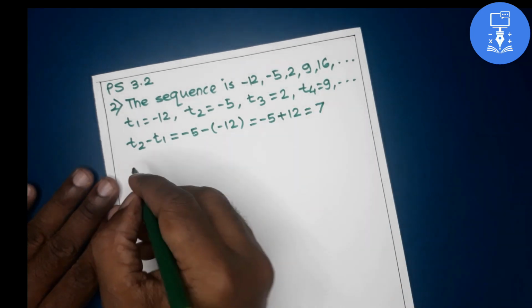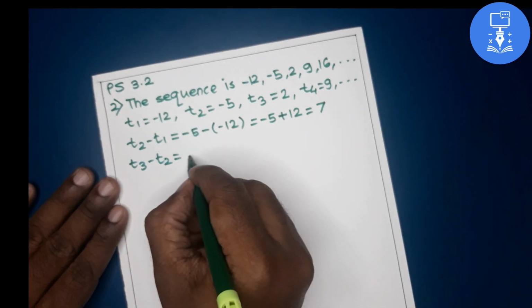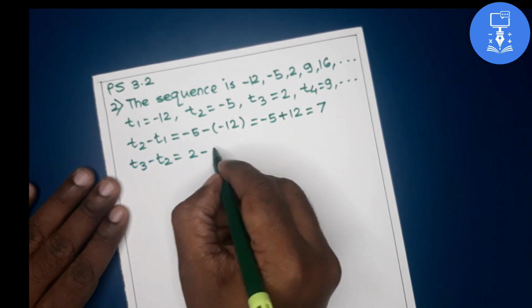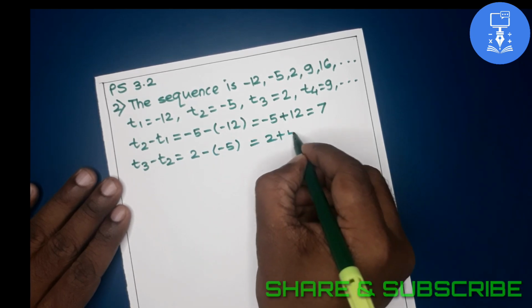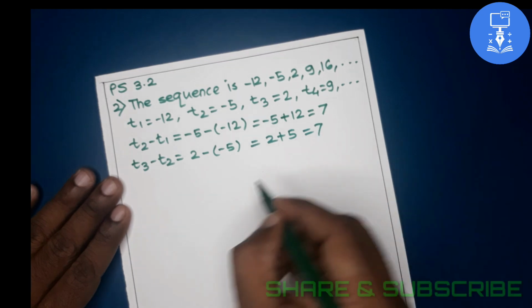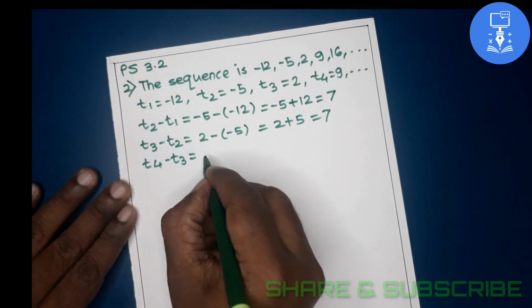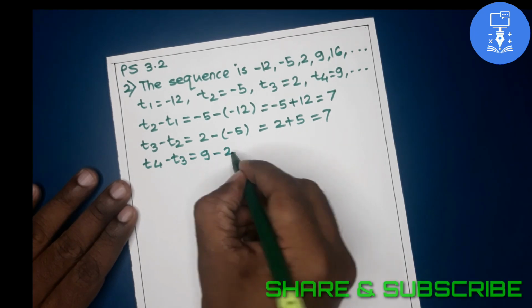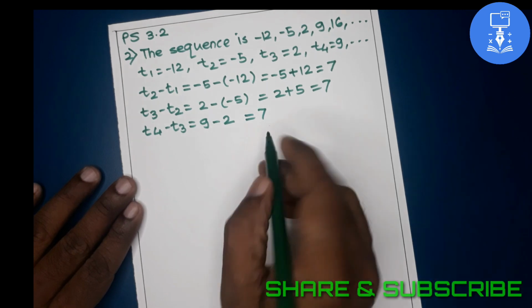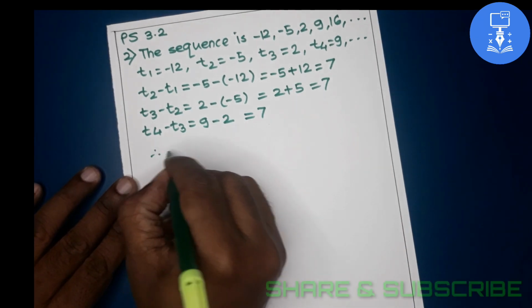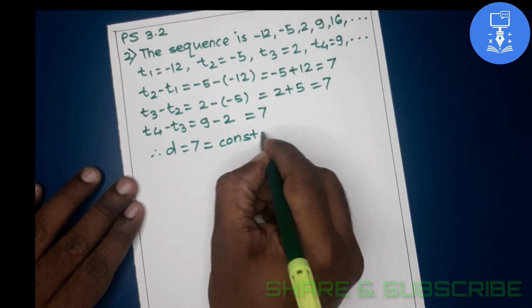Let's check T3 minus T2. Here we get 2 minus (-5), so it will become 2 plus 5, and again we get 7. Let's check one more time: 9 minus 2, clearly we get 7. So every time we get D equal to 7, a constant.